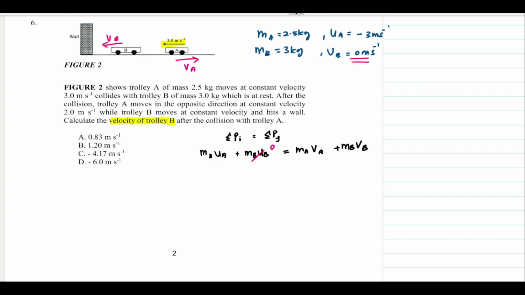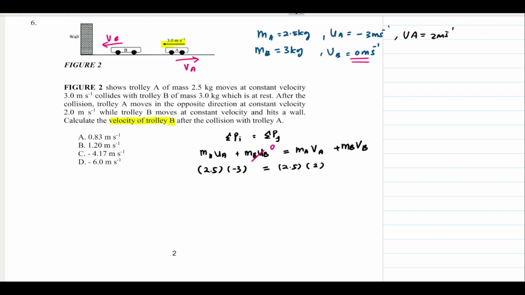So MA kita dah tahu mass dia adalah 2.5. UA is negative because the direction is to the left. Okay, equal to MA 2.5 VA soalan dah bagi. Okay, after collision, okay, VA is 2 meter per second and it is moving to the right.